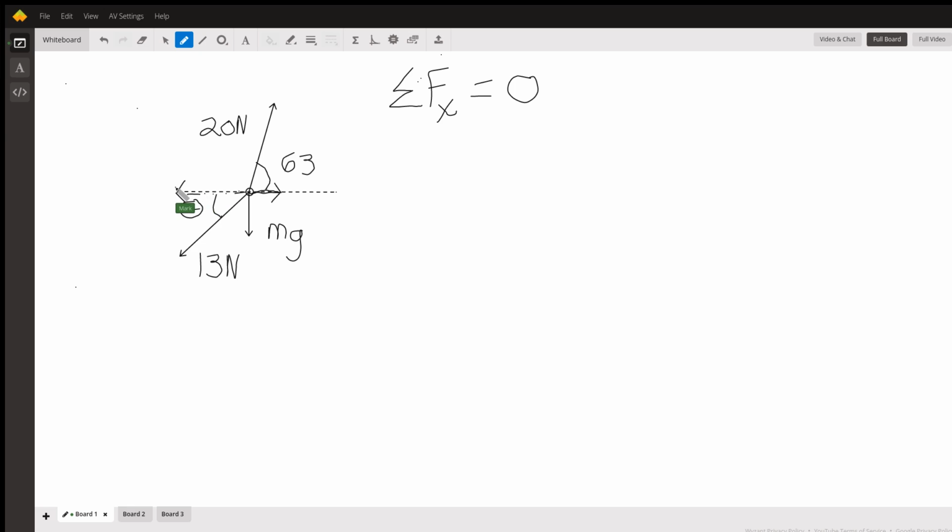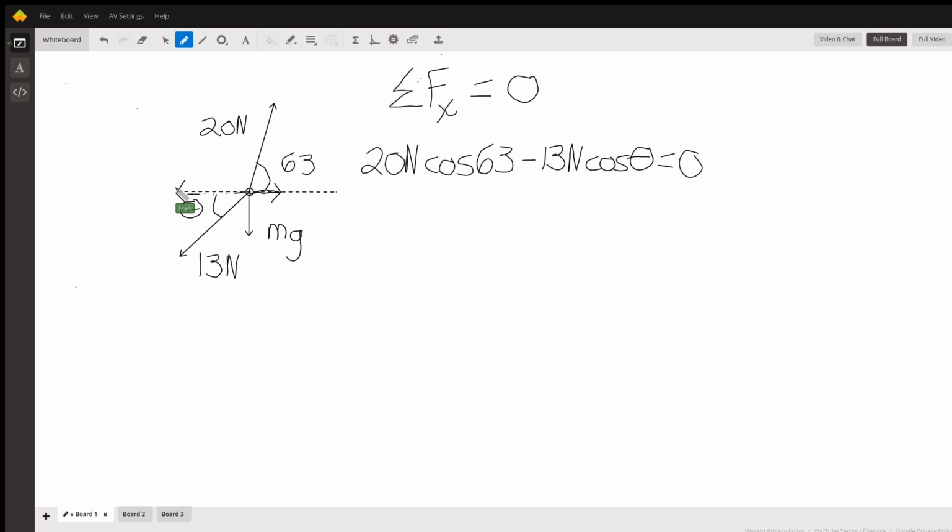So what we can say is that 20 newtons times the cosine of 63 degrees, acting to the right, minus 13 newtons times the cosine of our unknown angle must add up to 0.